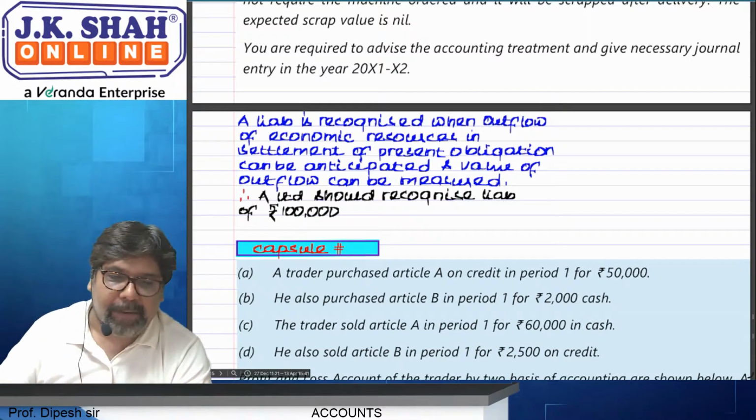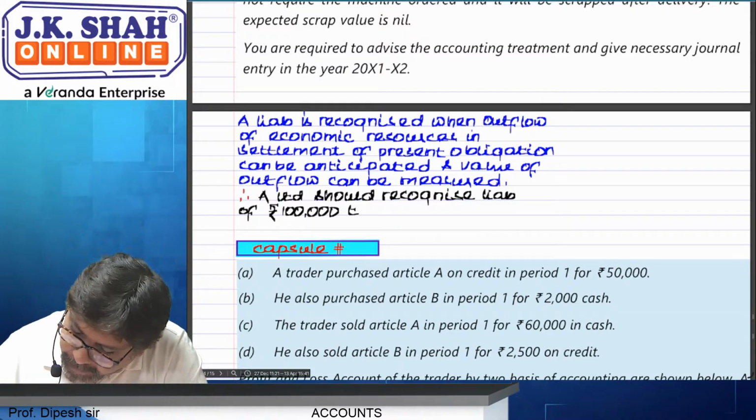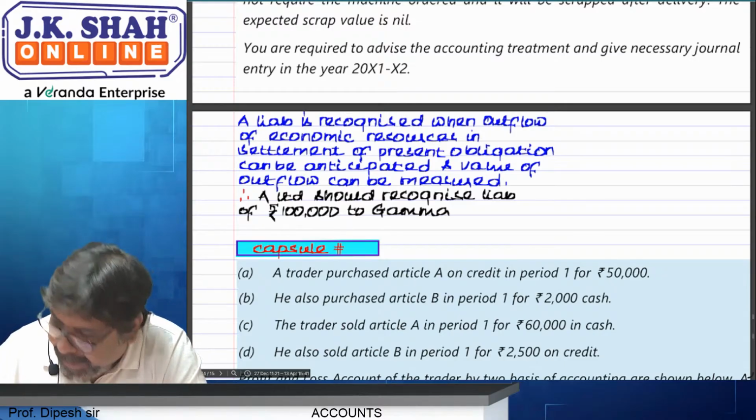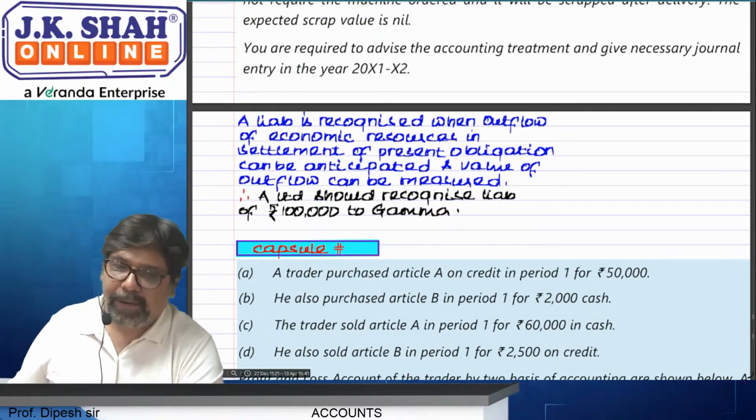Wow, brilliant, Dipesh. To gamma. Correct? Yes. चलो entry pass करते हैं.